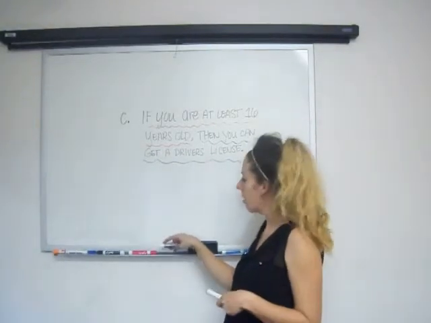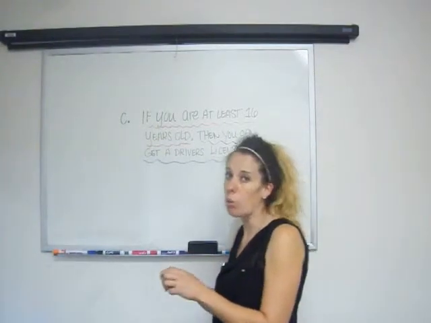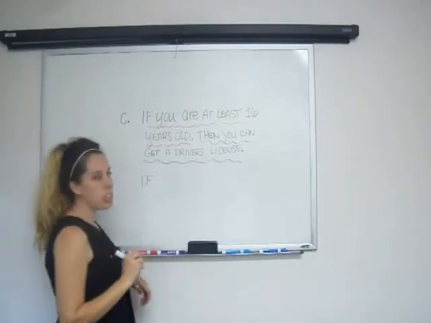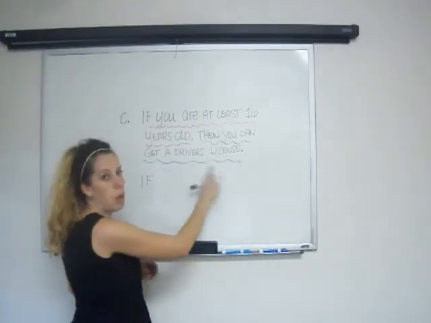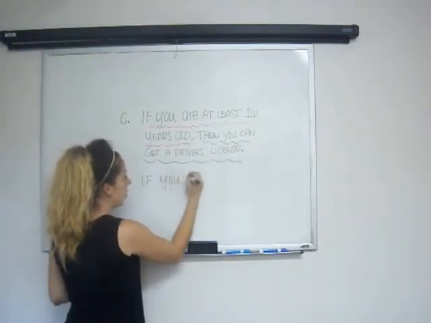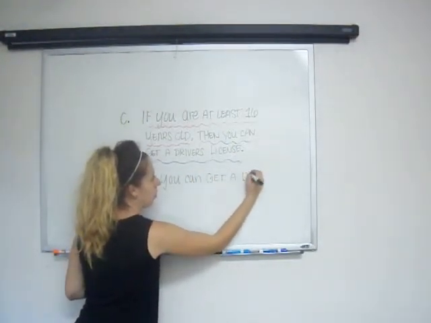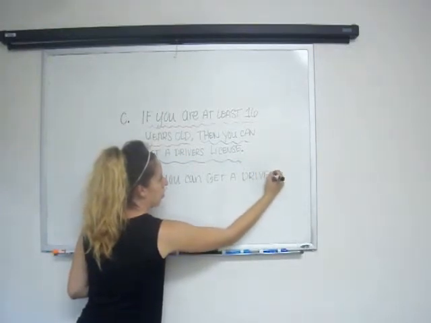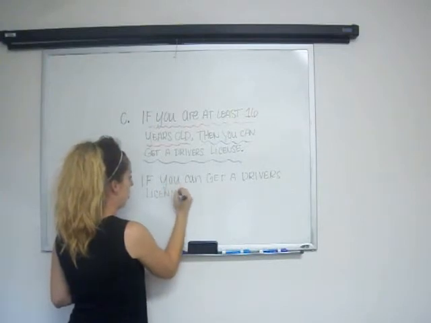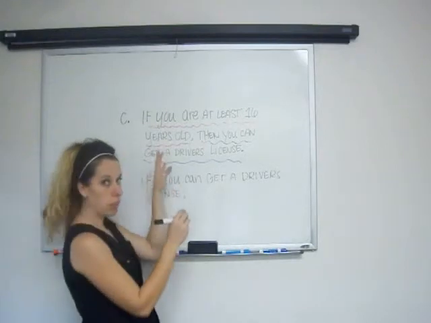And the way we write the converse is we just switch the 2, okay? So we still start with if, so I'm just going to put if, and we change it to the second part first. So if you can get a driver's license, comma, and then we're going to write the first part second.